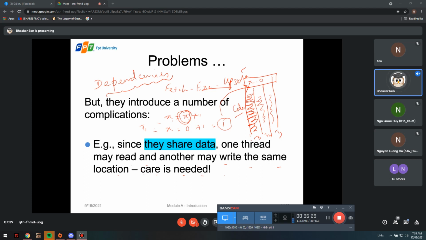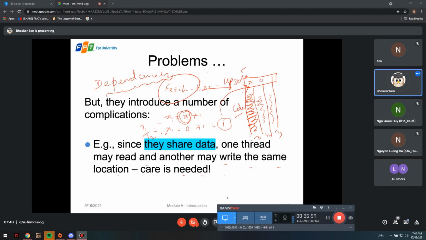But what will happen if they slightly overlap? What we mean is T1 started running, and then before T1 could actually finish its update to the common data sector, T2 started running. So T2, when it starts its fetch cycle, will basically fetch an old value of x.